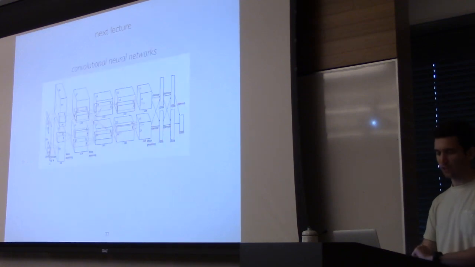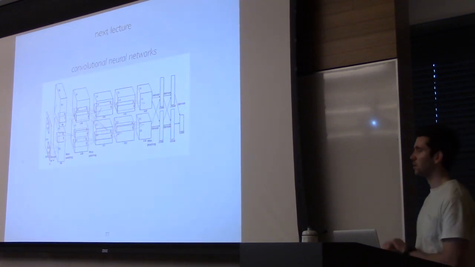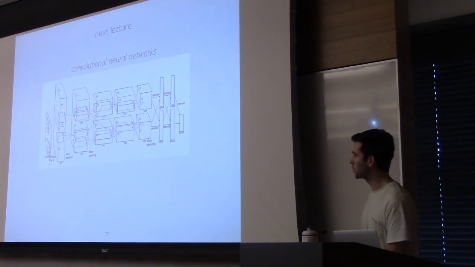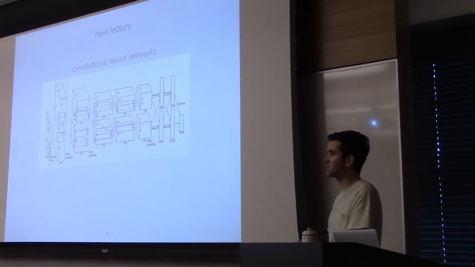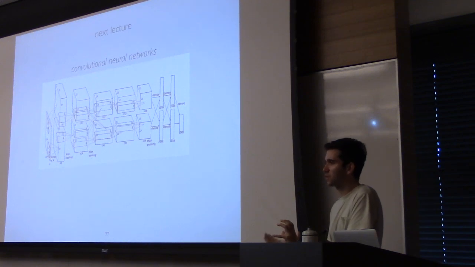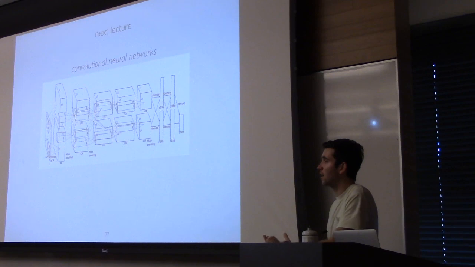So in the next lecture, we're going to talk about convolutional neural networks. These have taken the computer vision community by storm. I was at the Computer Vision and Pattern Recognition Conference this past summer, and really all of the submissions involve deep learning in one way or another. That's what computer vision has become. But it's funny because a lot of these deep learning approaches were shunned about 10 years ago.